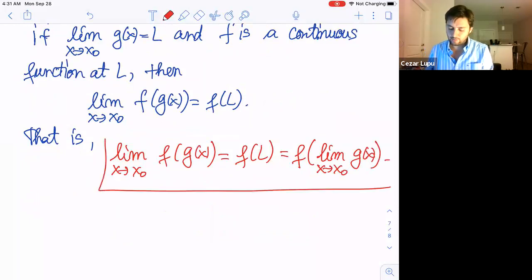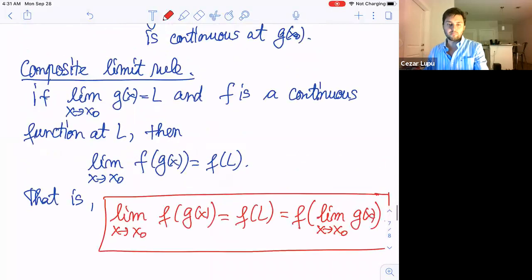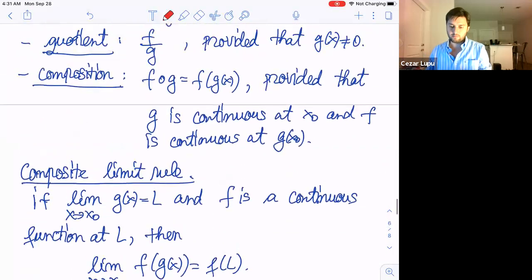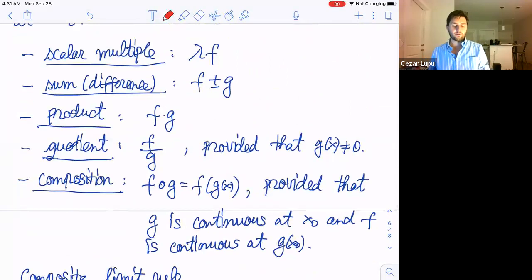So that's what we have. Okay. So these are basically the basic operations with continuous functions.